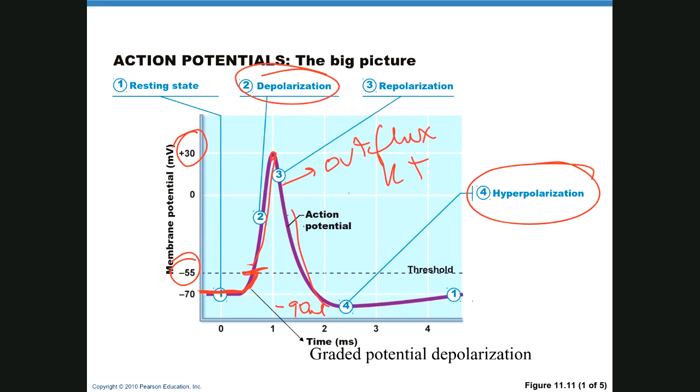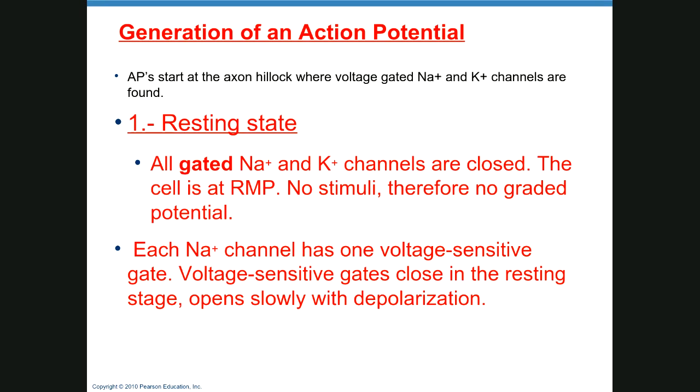And at that point, voltage-gated potassium channels close, and the cell now needs to restore the resting membrane potential. The sodium-potassium pump is going to accomplish that by kicking out sodium and bringing in potassium. So at the resting state, all the sodium and potassium gates are closed.